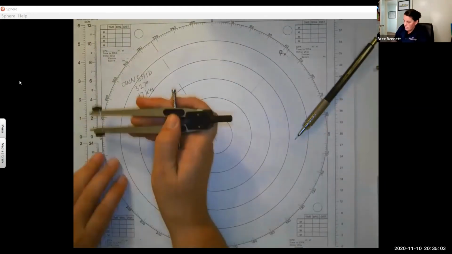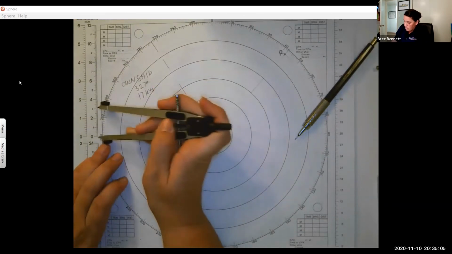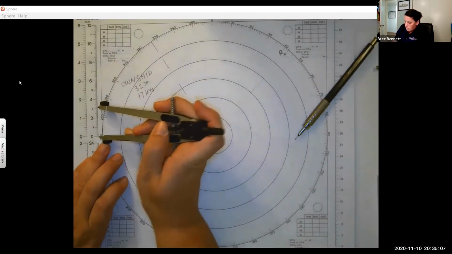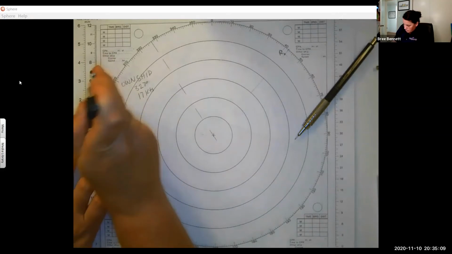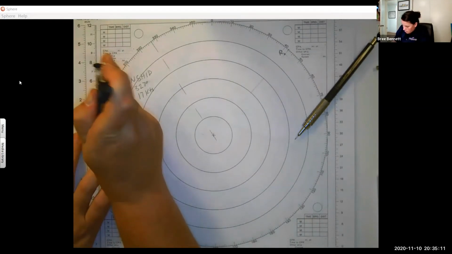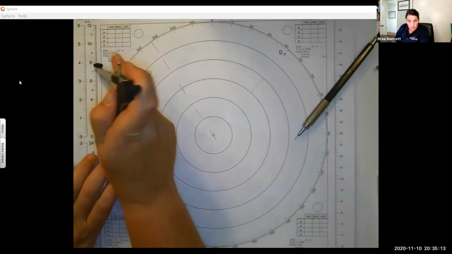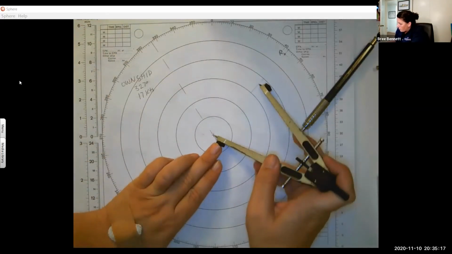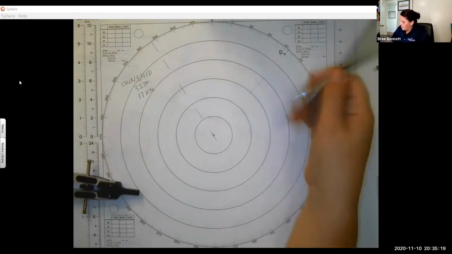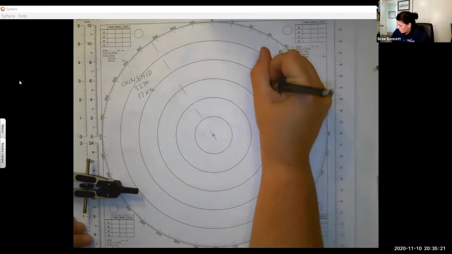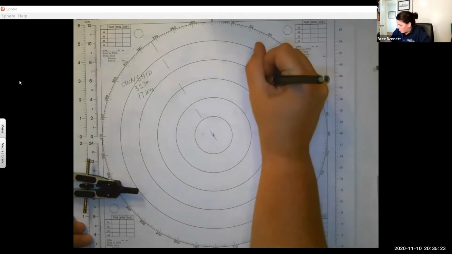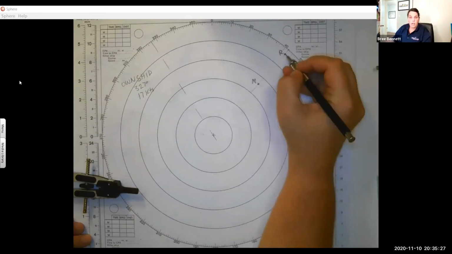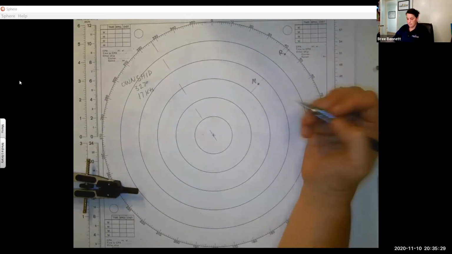So we'll find 7.2, and we label this one M. So we have our R to M line.